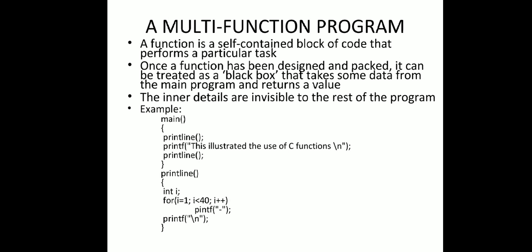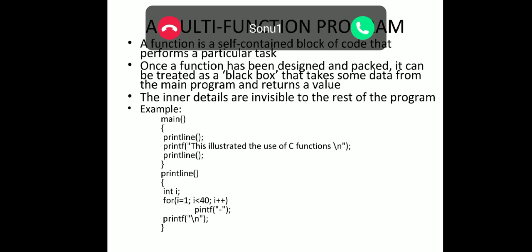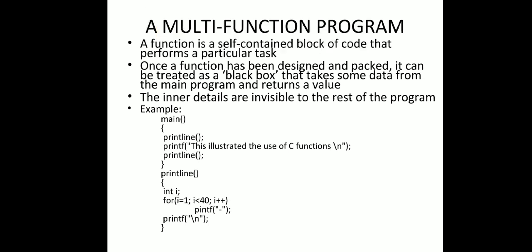Once a function has been designed and packed, it can be treated as a black box that takes some data from the main program and returns a value. So whenever a function has been designed, it will be treated as a black box.